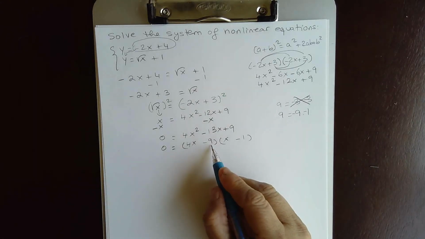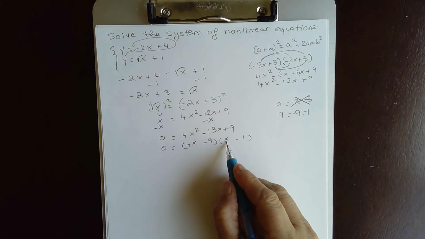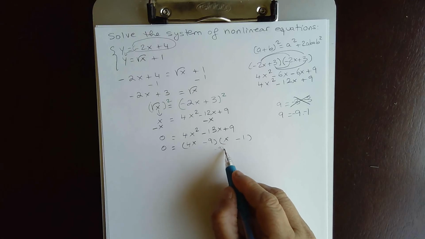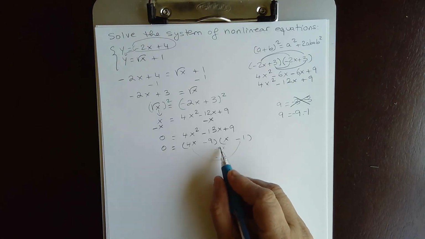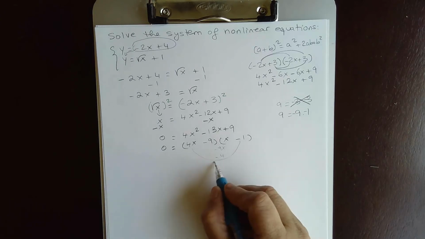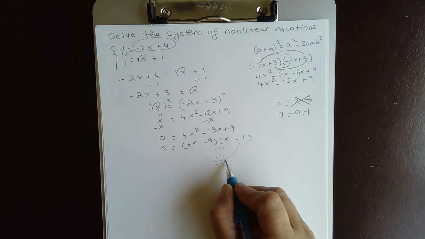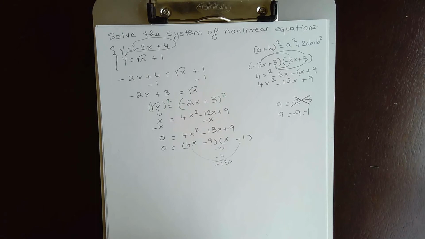Negative 9 times x is negative 9x. 4x times negative 1 is negative 4x. If you add them up, you get negative 13x. And that's what we have. So that's the right factoring.